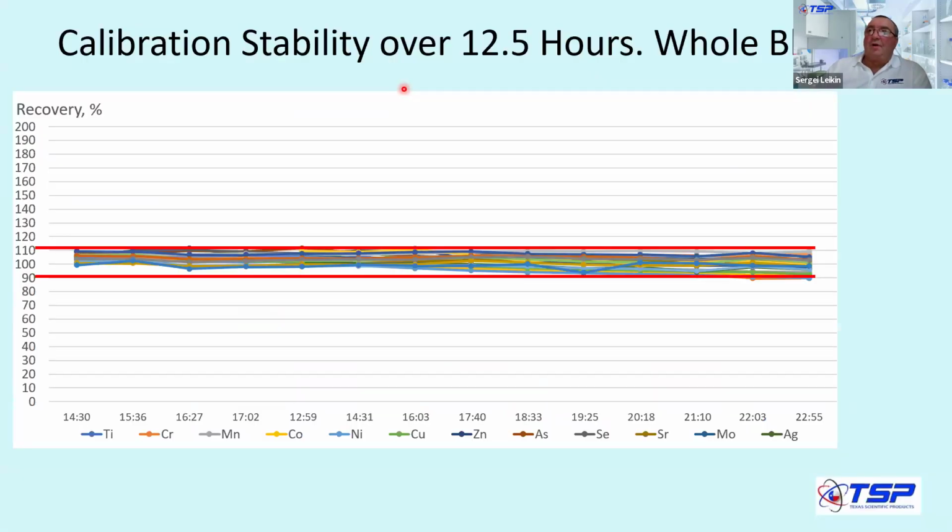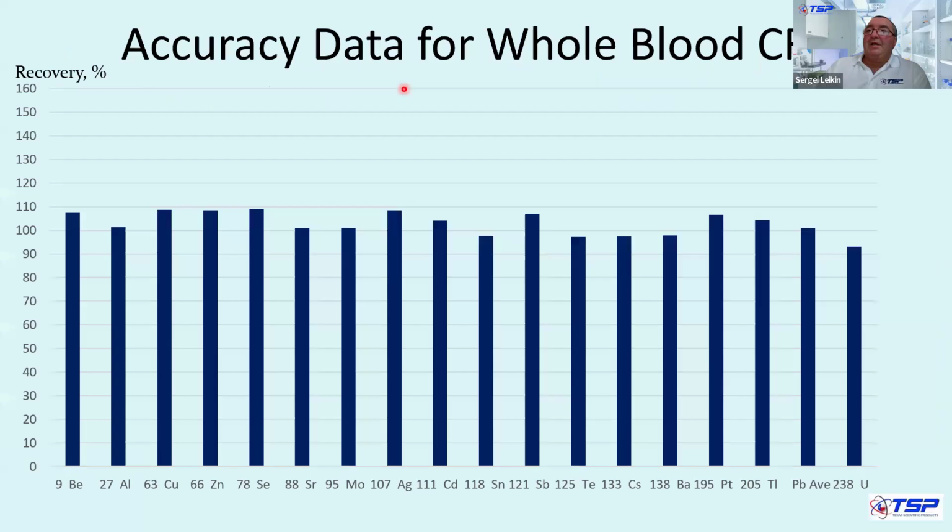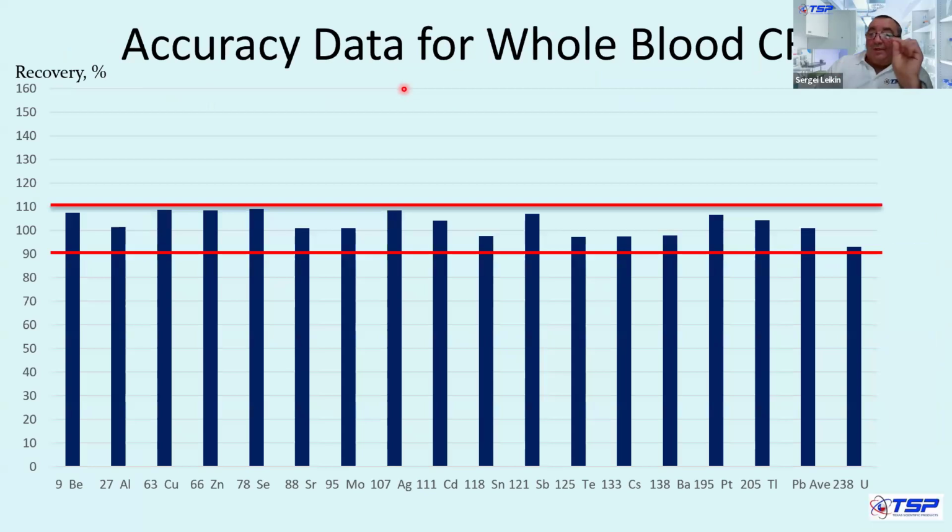You can see here the calibration study, stability over 12 hours, and this is the accuracy with these types of calibration standards. Michael, we're going to be talking about more details on some of the strategy for the calibration matrix match standards. But here's just an example of what we did, and it worked pretty well even without complete matrix matching with blood.